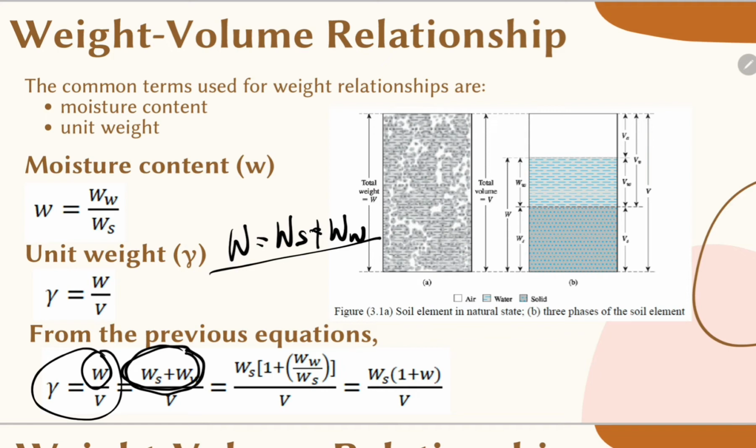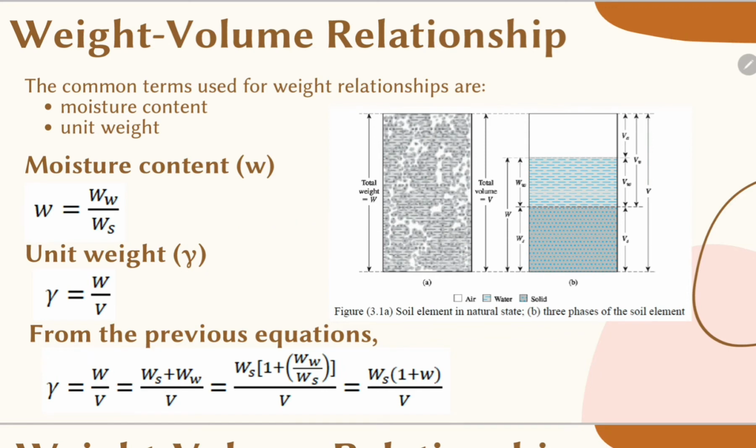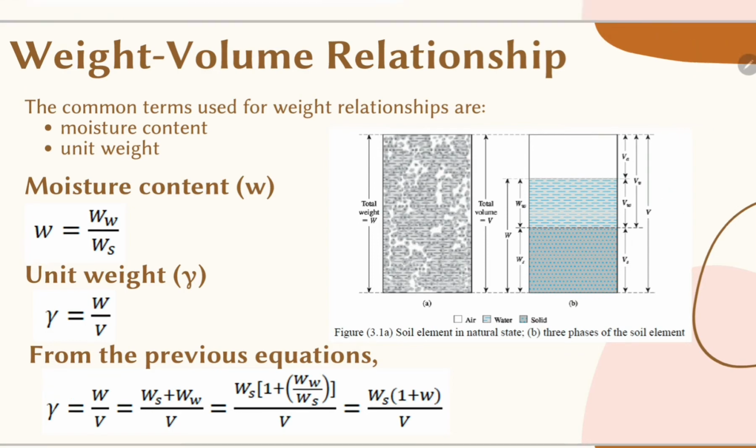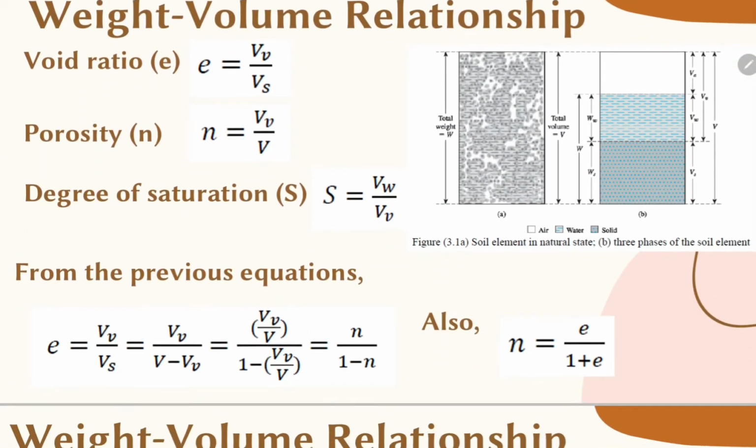Right? And then, we can now replace. Okay guys, for this one, kanina nag-manipulate lang tayo, para lang ma-simplify yung equation, dinivide mo yung numerator and denominator by V, right?